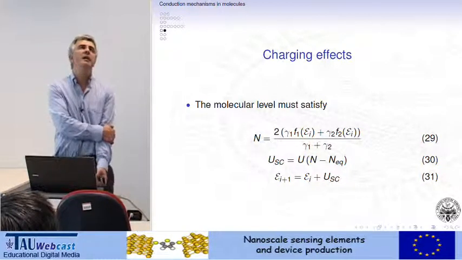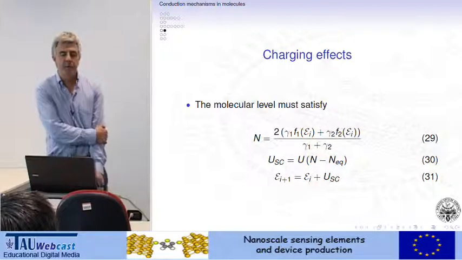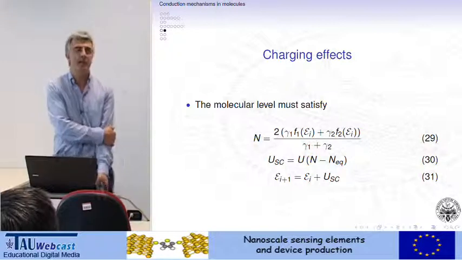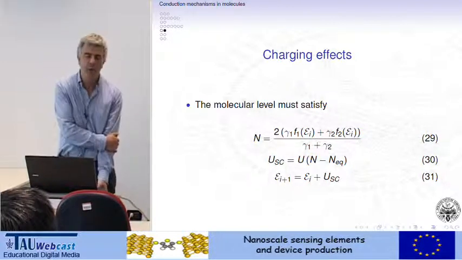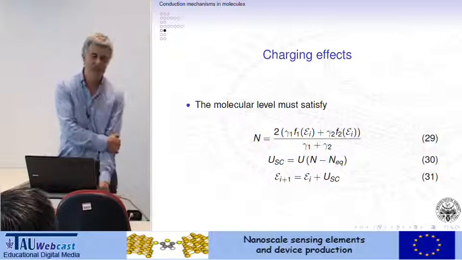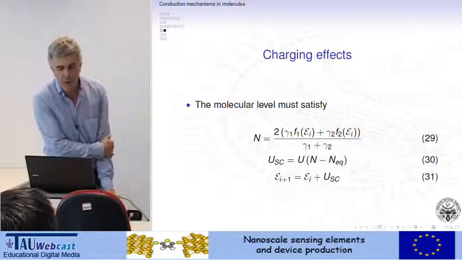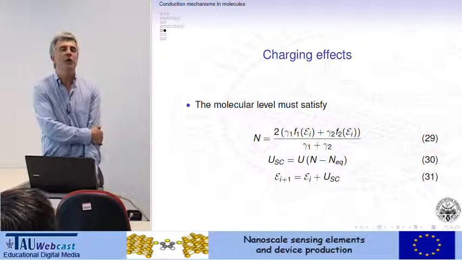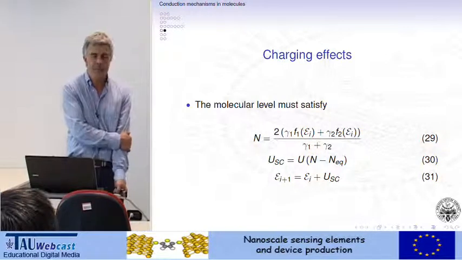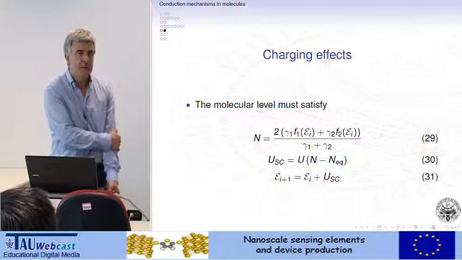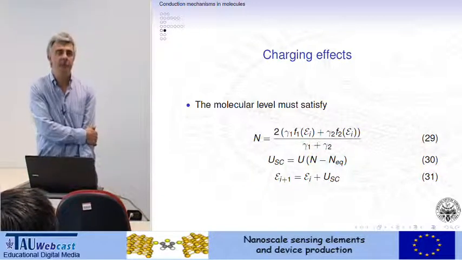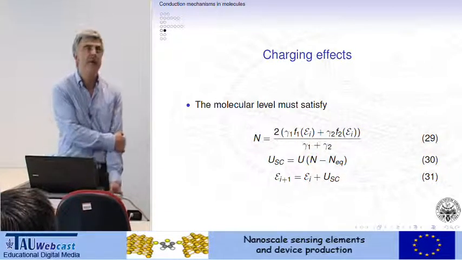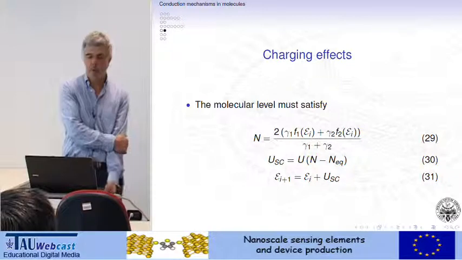In other words, if you are implementing a molecular device to transport electrons in an efficient way, generally that kind of device is not affected by Coulomb blockade. If you want Coulomb blockade, you have to make the interface less efficient. So the tunneling should be less efficient between electrodes and molecules. In that case, you can observe Coulomb blockade very well.